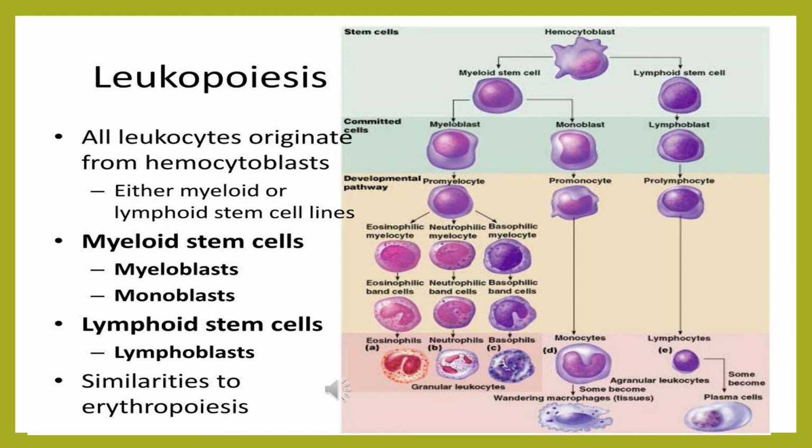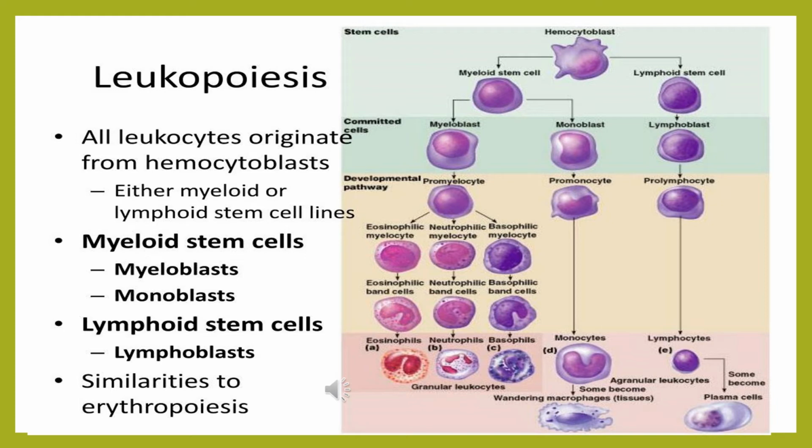For example, in the red bone marrow there is a hemocytoblast, and that hemocytoblast undergoes division and differentiation into the different types of WBC. The type of WBC again depends upon which kind of stem cell is involved. All leukocytes originate from the hemocytoblast, but through either myeloid or lymphoid stem cells.